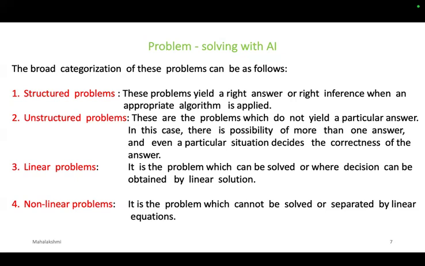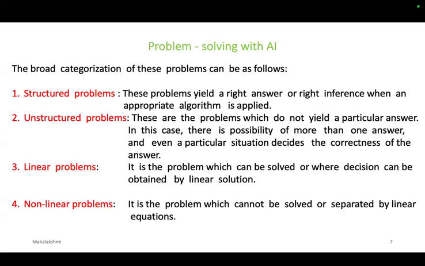A linear problem is one which can be solved, or where decisions can be obtained, by a linear mathematical solution, like it follows a linear graph. For example, the voltage versus current equation. If you draw a graph, it will be a linear curve where voltage increases and the current also increases.